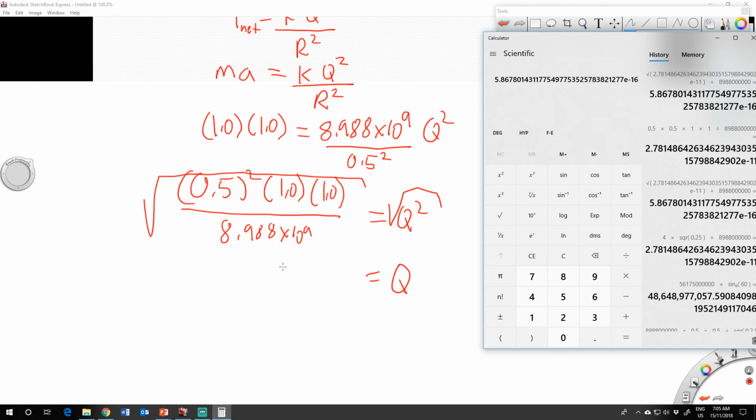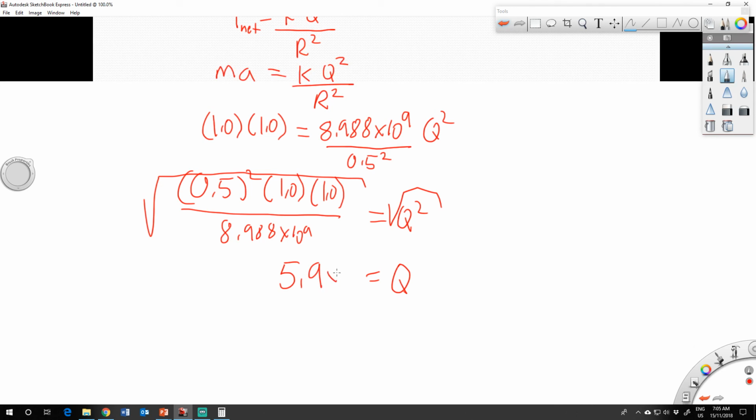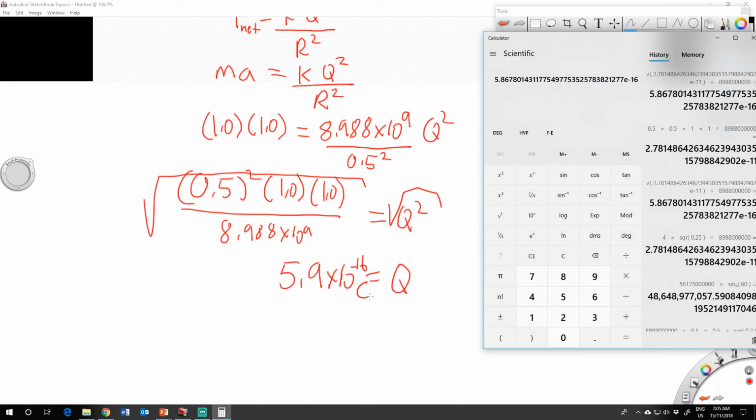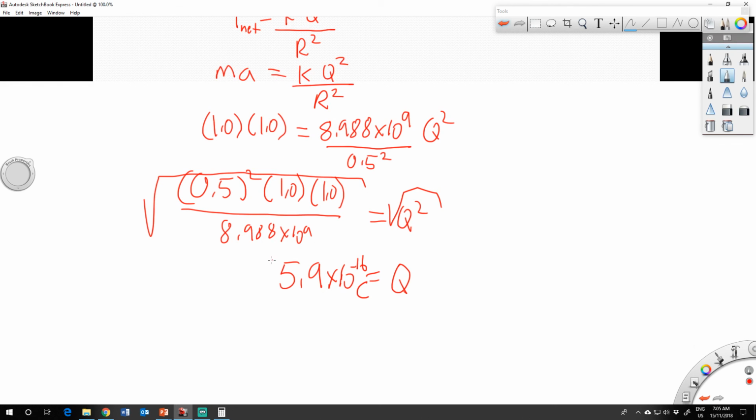Yeah, that's the same as the other one. 5.9 times 10 to the negative 16, and that'll be in coulombs.